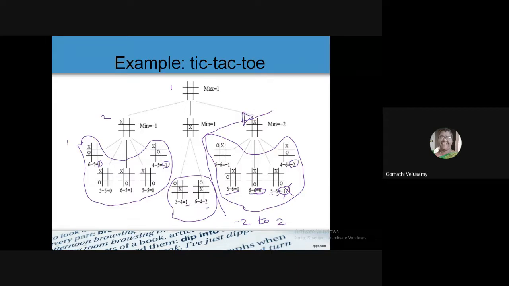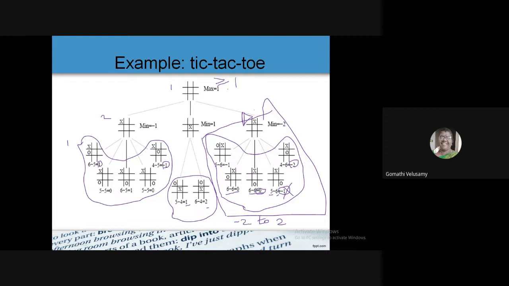So when I am choosing the maximum among them, the value will be greater than or equal to 1. Anyhow, the positive number is voting for player 1. So whatever the value, I can announce that player 1 is going to win. So even though this partial subtree is not at all observed by the game, I can omit the subtree. Still, I can guarantee that player 1 is going to win.